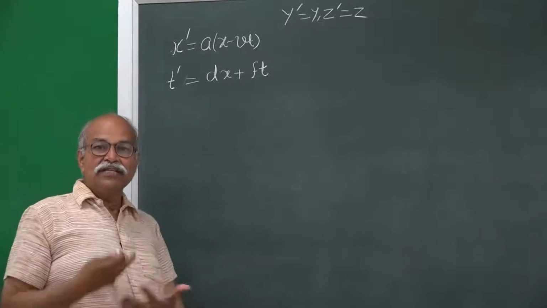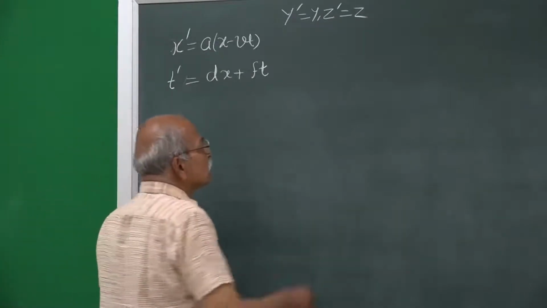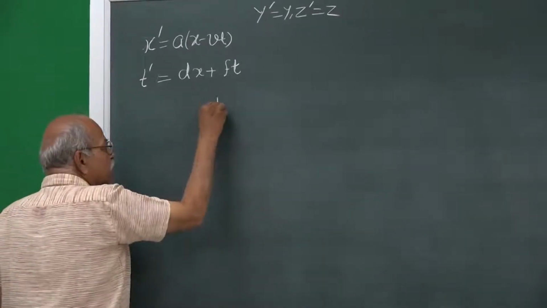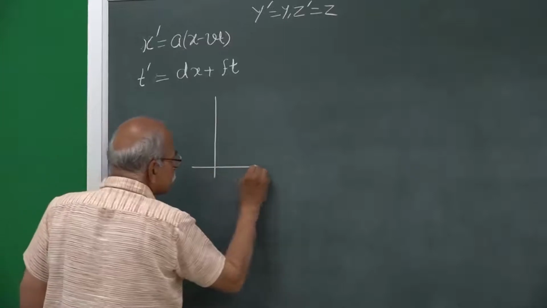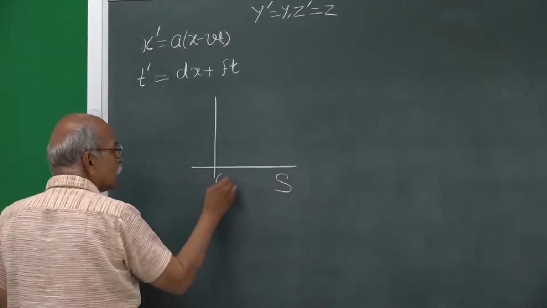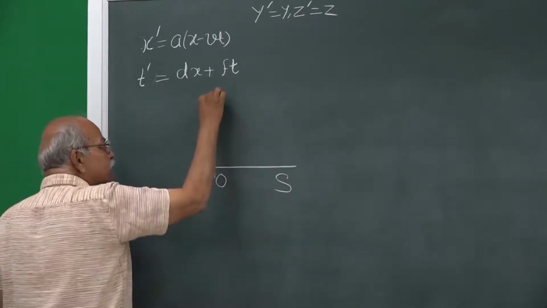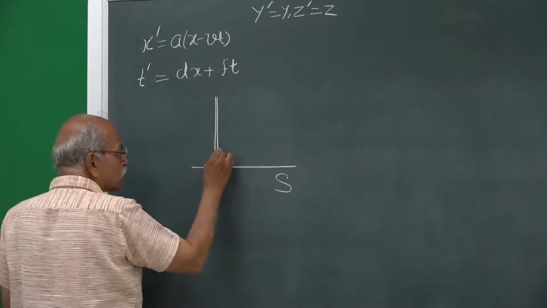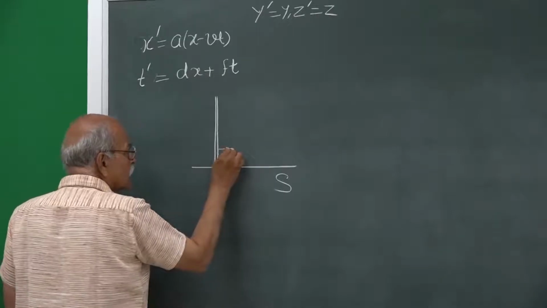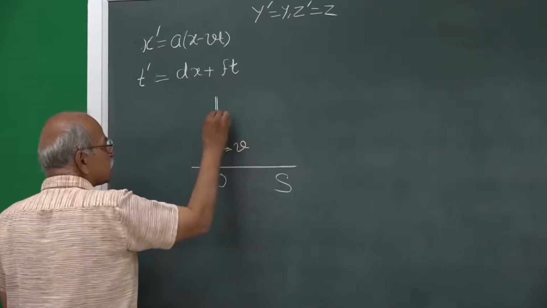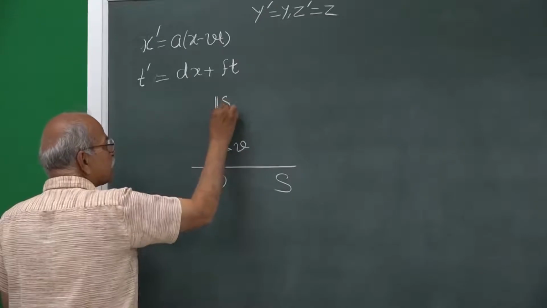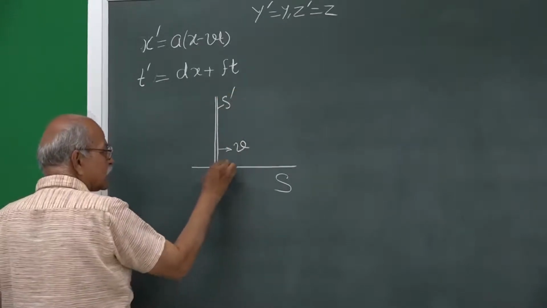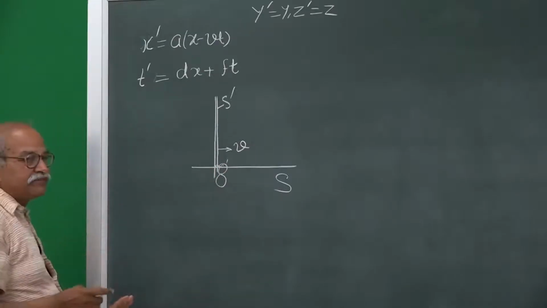And to get those three equations, suppose we have this frame S, with origin O, and then frame S prime, which is just crossing. This is the S prime frame, and the origins O and O prime are at the same place, just crossing.